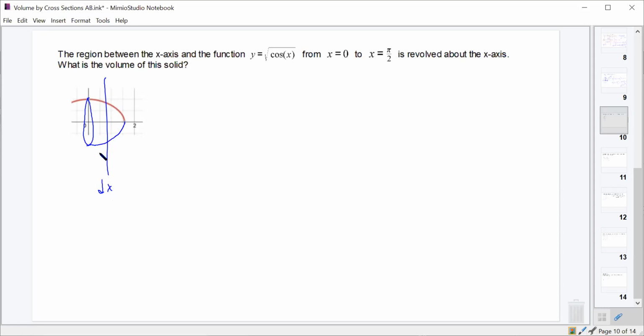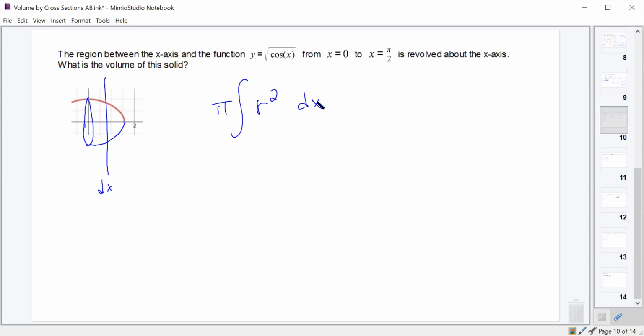Anytime we do this revolution, we call these solids of revolution. We can do pi times the integral of the radius squared, and then dx or dy, depending on which direction we're going. So in this case, it's dx.